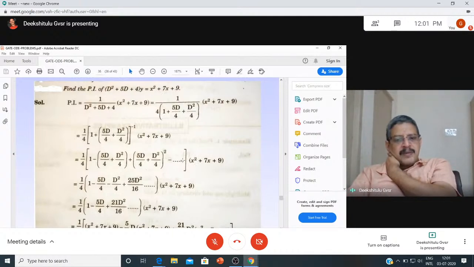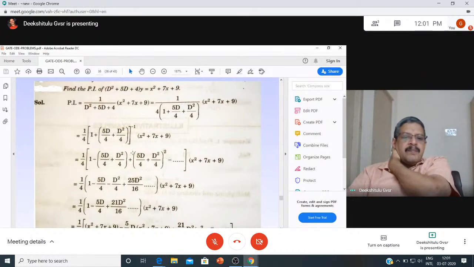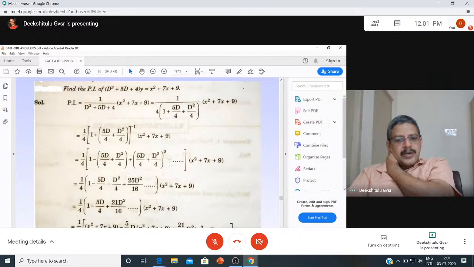When you operate D square on x square, you get a constant. D cube becomes 0, so we need not consider it. So the terms are 1 minus 5D by 4 minus D square by 4, plus 25 D square by 16. The 2ab term with D into D cube is not necessary, and D power 4 is not necessary.